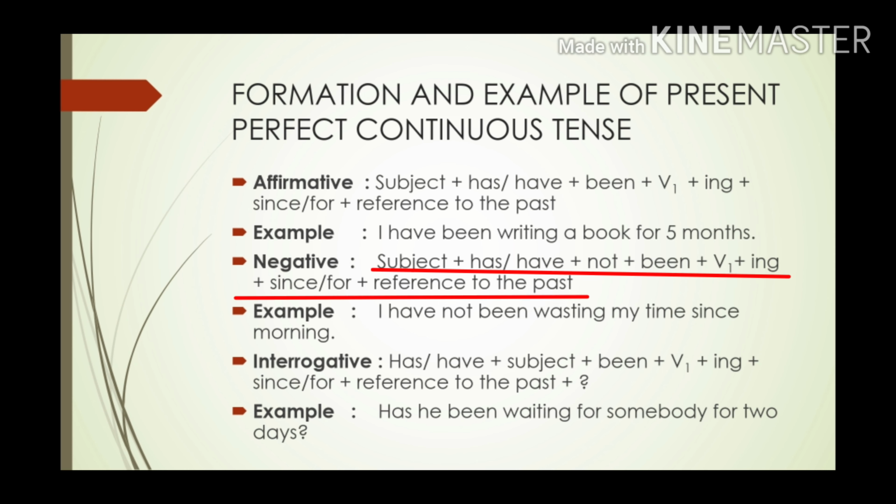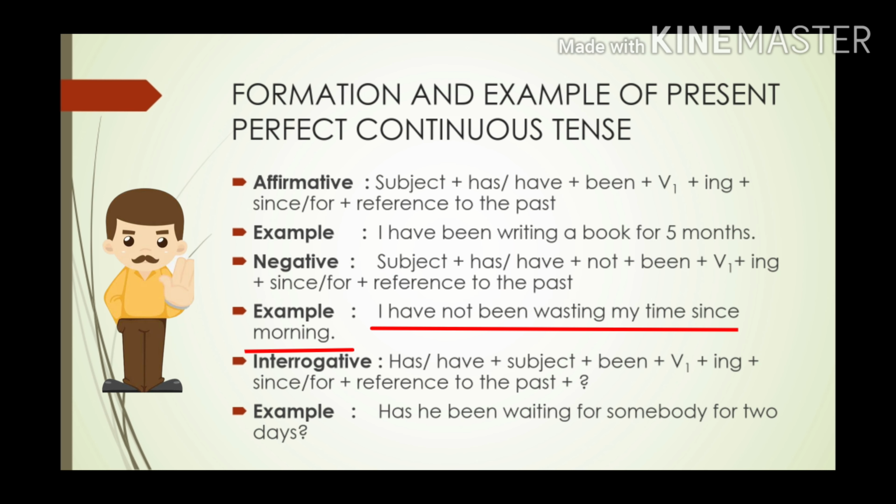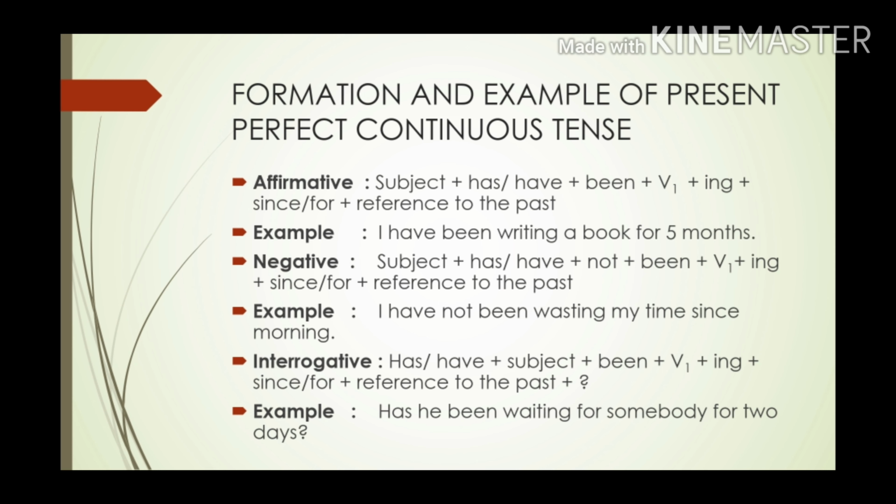The formula is subject, has/have, not, been, verb first form, ing, since/for, and reference to the past. For example, I have not been wasting my time since morning. So, by putting not after have, we made it a negative sentence.